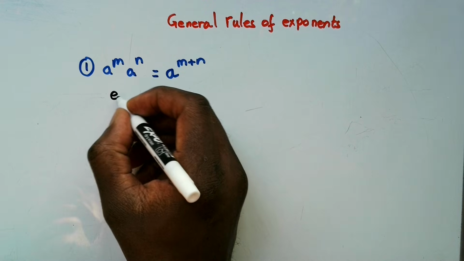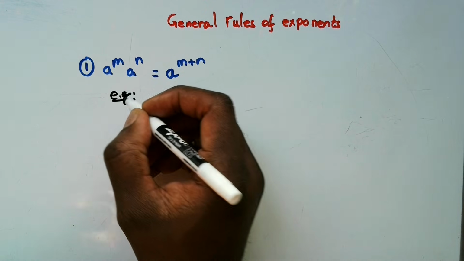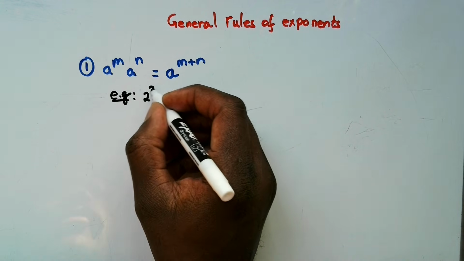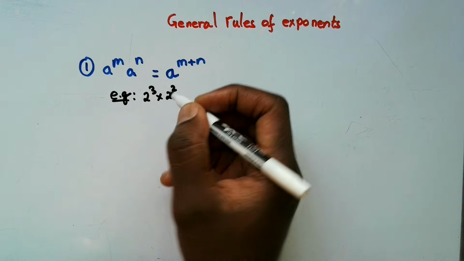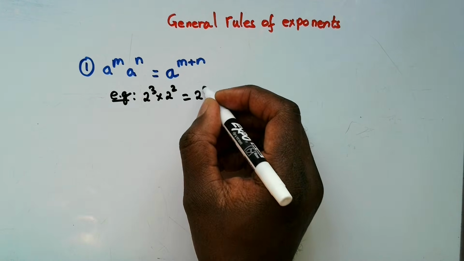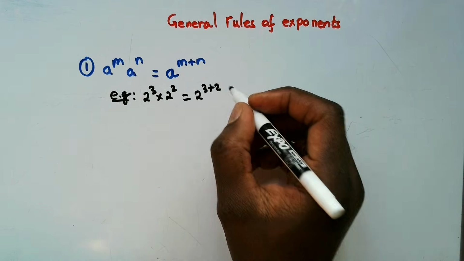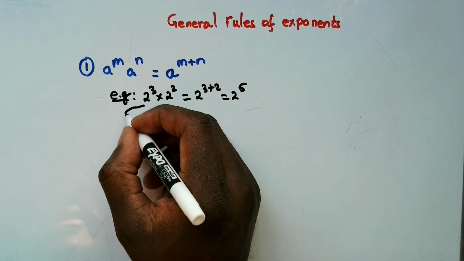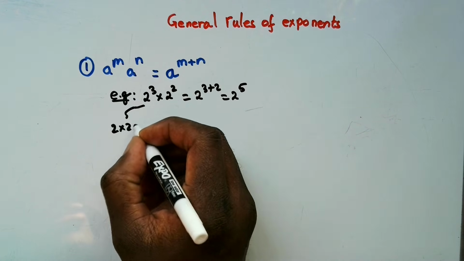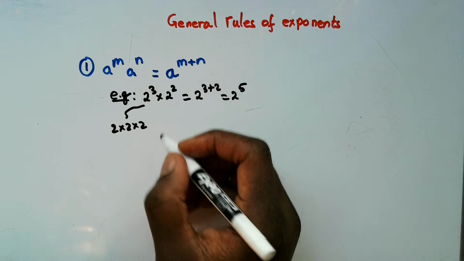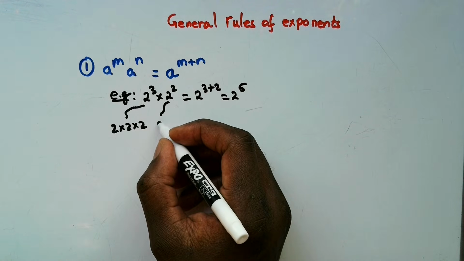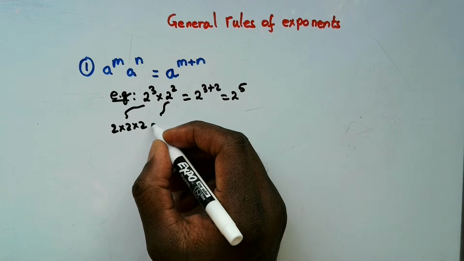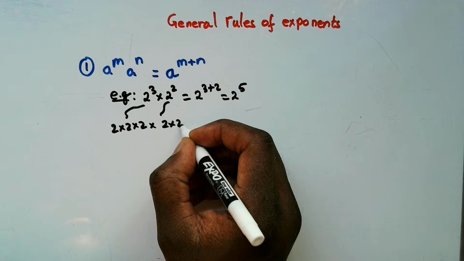if we give this example, 2 cubed times 2 squared, it's going to be 2 to the 3 plus 2, which equals 2 to the 5th power. Of course, we can test this, right? We can do 2 times 2 times 2 and multiply again times 2 times 2.